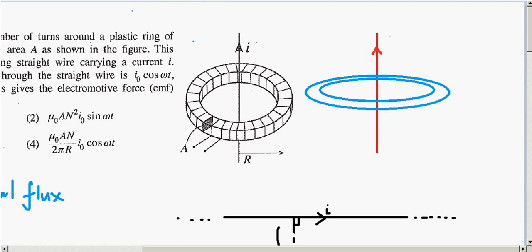The wire is before the flux lines. The current, say I. So the direction of flux lines is this way or this way. You know the method how to find it using your right hand.